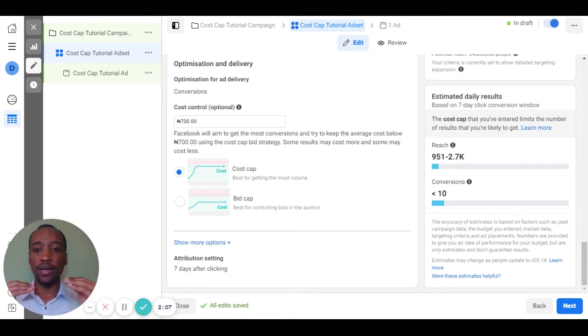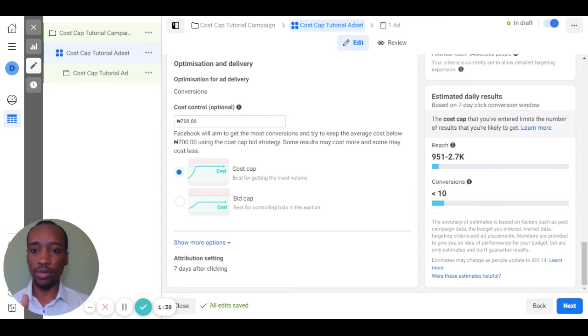You have higher days with higher cost per conversion, and days with very low cost per conversion. But over time, you have come to understand that your cost per result is around a particular amount. So you want to ensure that you are within that range. That is when you use the cost cap, because it ensures that the algorithm does not bid above that range.